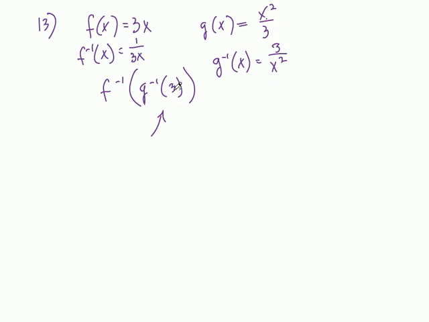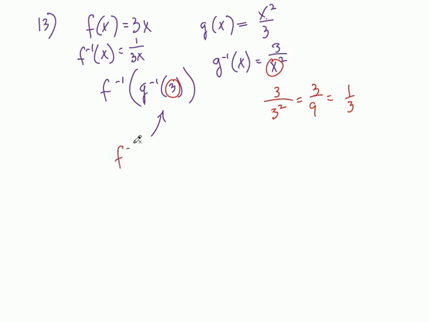So this says put a 3 into the g function. So let's do that. We put the 3 right here, so the 3's on top, and this is going to be 3 squared. That's 3 over 9, and what's 3 over 9? It's 1/3. See that? I already took the inverse right here, so I don't have to flip it again. So that's going to be 1/3.